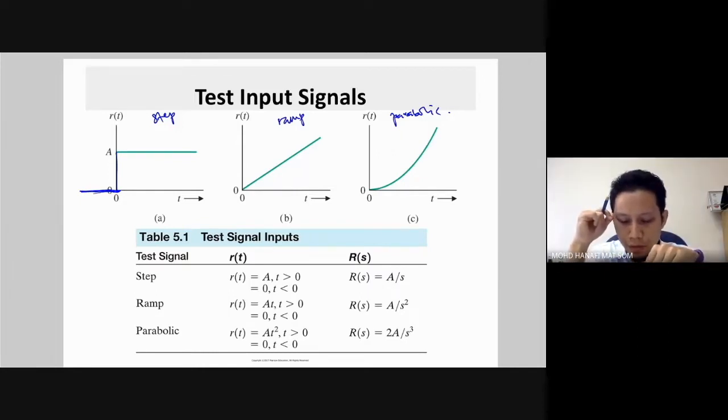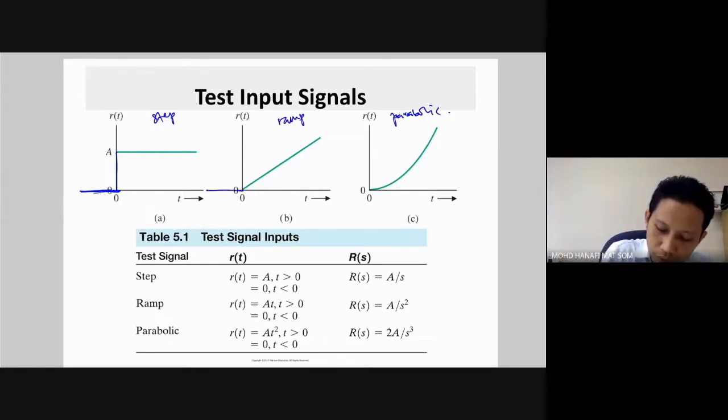For the ramp function, however, r(t) equals At for t greater than 0, and 0 for t less than 0. If you extend, something like this. And for the parabolic, At squared for t greater than 0, and 0 for t less than 0. So something like this as well.